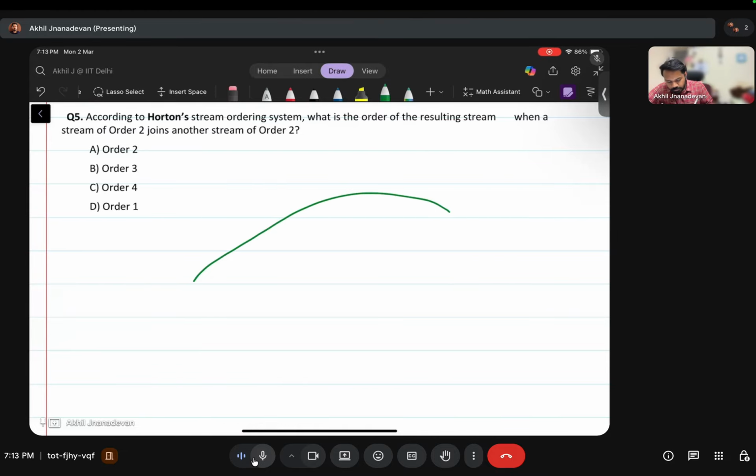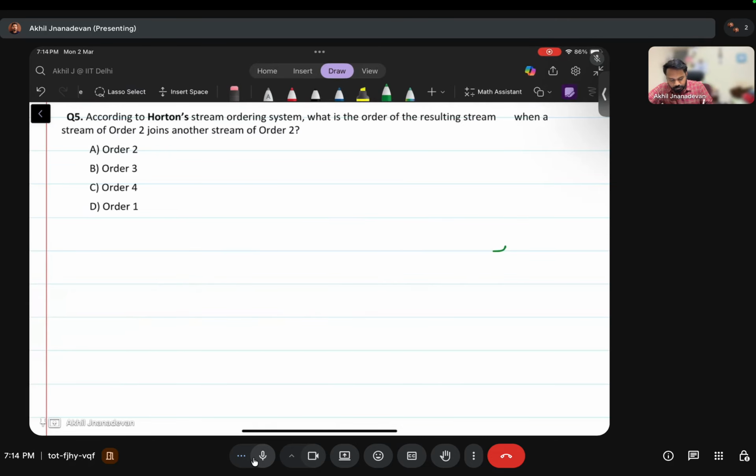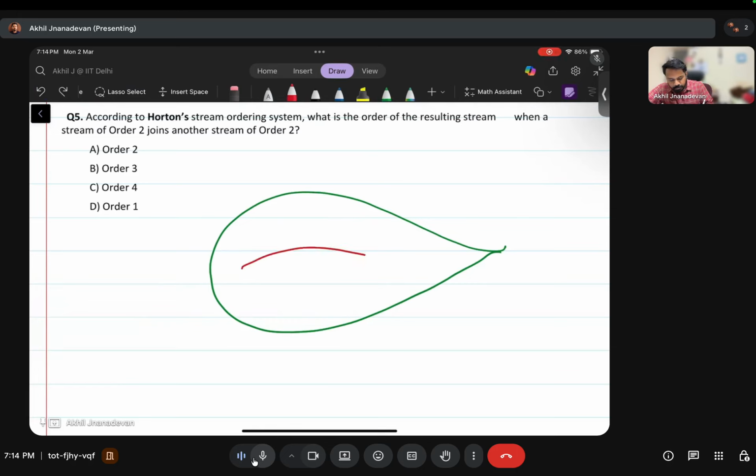If you take this as a catchment, we'll be having a main stream, right? And we have substreams. So we need to give a stream ordering.